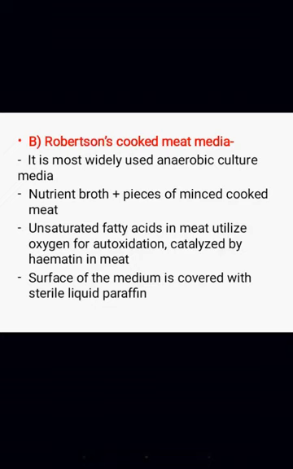The second most widely used anaerobic culture medium is Robertson's cooked meat medium or broth. It is nutrient broth containing pieces of minced cooked meat. Unsaturated fatty acids are present in meat, and these unsaturated fatty acids utilize oxygen for auto-oxidation. This reaction is catalyzed by hematin in meat, and after inoculation, the surface of the medium is covered with sterile liquid paraffin.